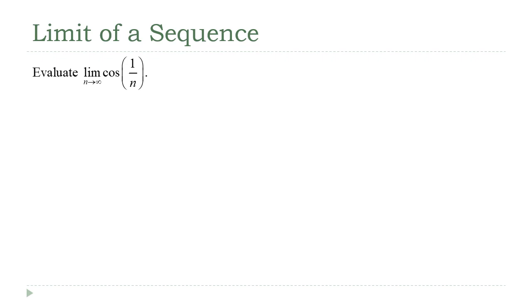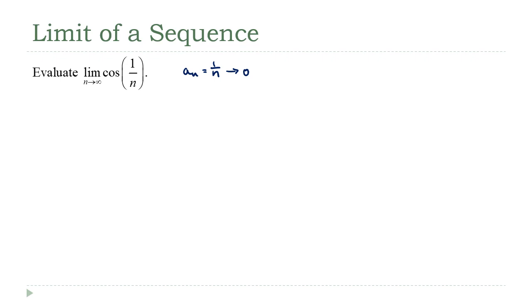So what we have here is a sequence that's made by taking a function, cosine, of another sequence, the sequence a sub n equals 1 over n. So to start, we already know that as n goes to infinity, 1 over n goes to 0. And we know that the cosine function is continuous at 0.